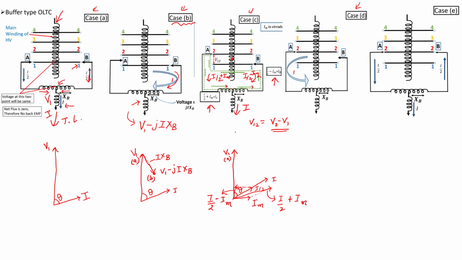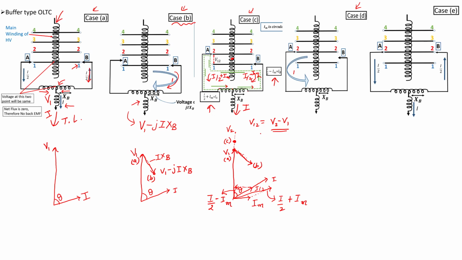Suppose V2 is here; we get exactly the middle of this. So this is position C, and earlier position B we have identified. This is position A, this is position B, and this is position C.